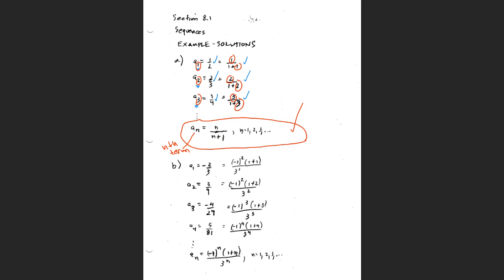The nth term is n over n plus 1, where n goes from 1, 2, 3, and so forth. So traditionally, for the first term of the sequence, you let n be 1. Second term of the sequence, n is 2. Third term of the sequence, n is 3, and so forth. So this formula, the nth term equals n over n plus 1, will generate this sequence that goes on and on and on.